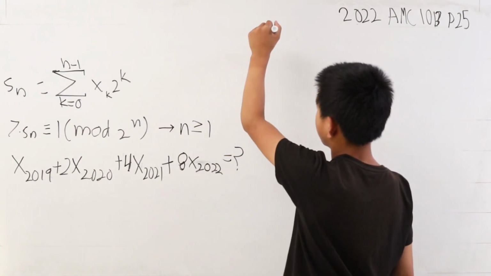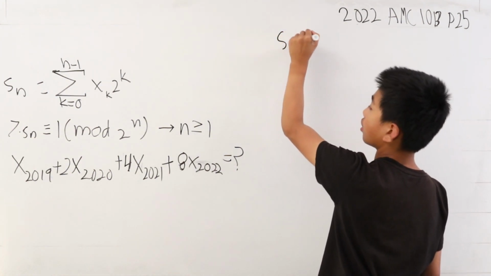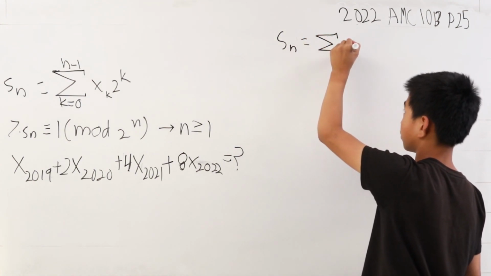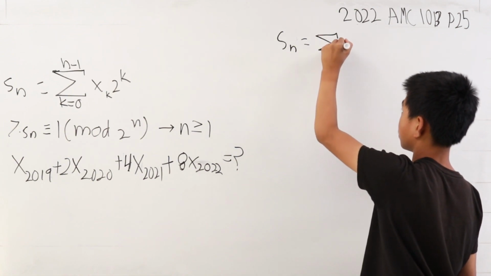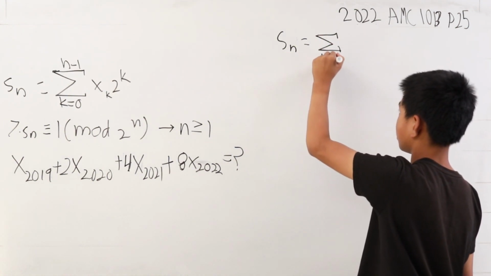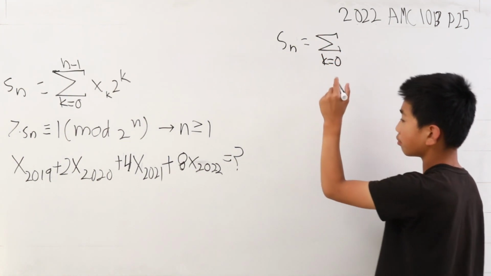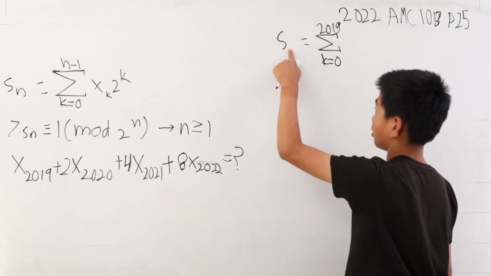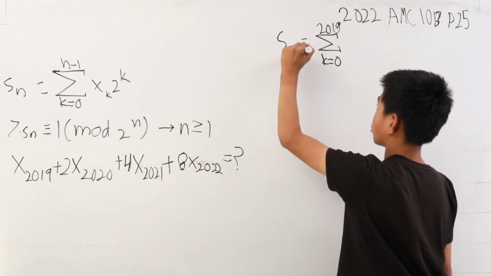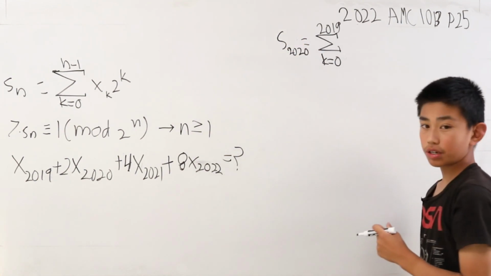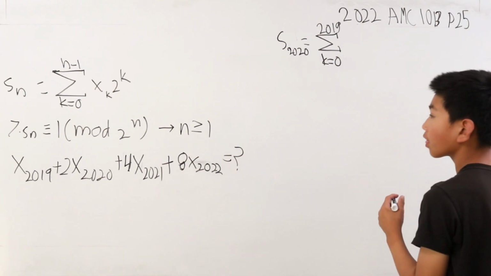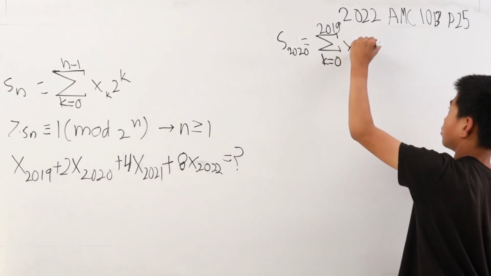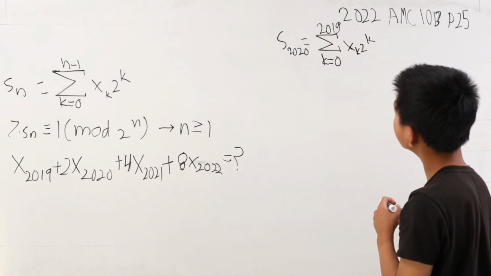So S of n is equal to the sigma, with k from 0 to 2019. Oh wait, it's not n, this is 2020, because n minus 1 here. And this is still x of k times 2 to the power of k.